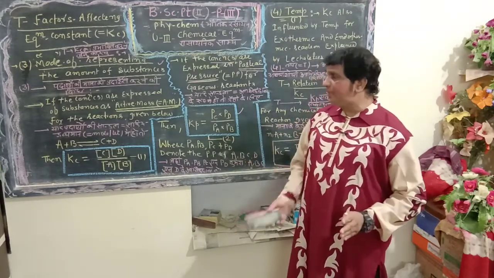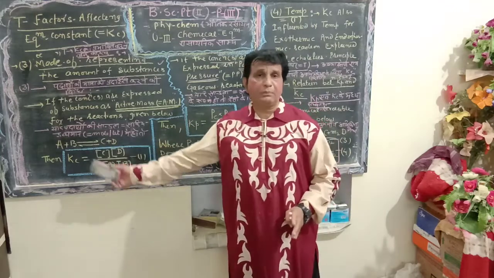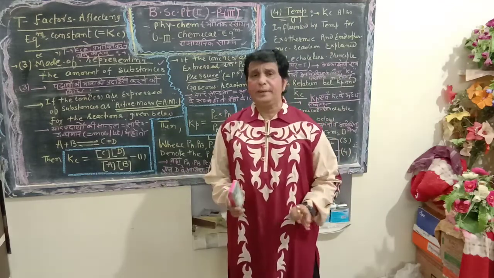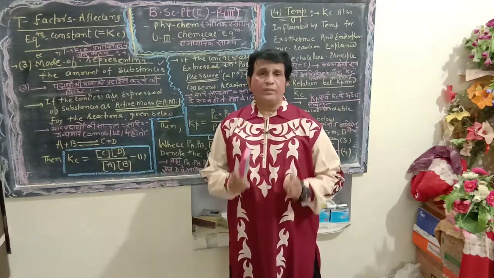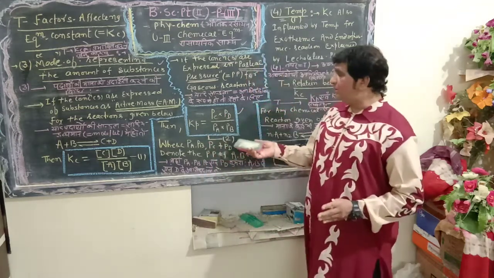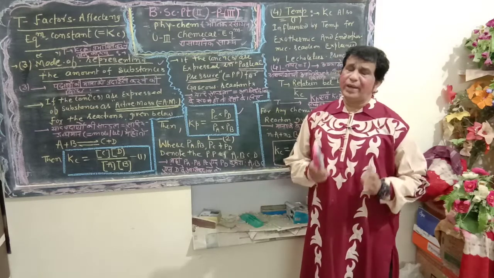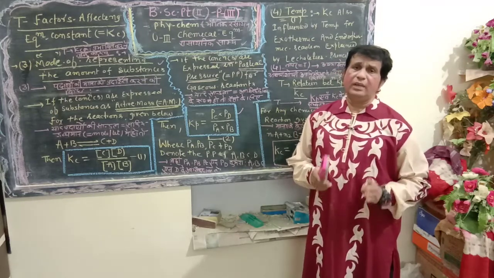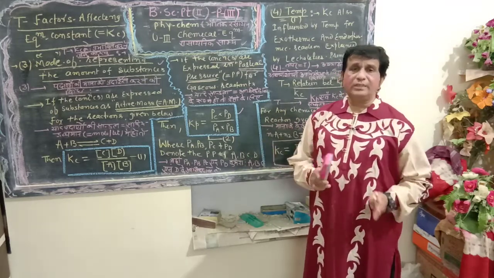I mean to say, in equation number 1, reactants and products are used in terms of liquids, solids or active mass, but in equation number 2 we are using partial pressure in terms of concentration for gases.